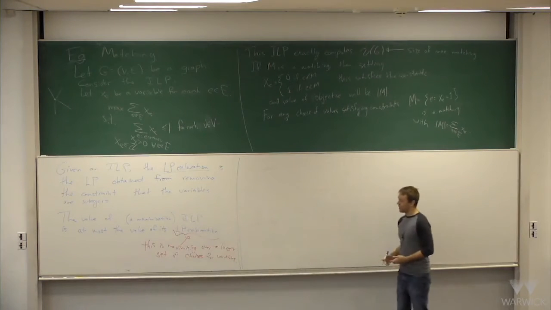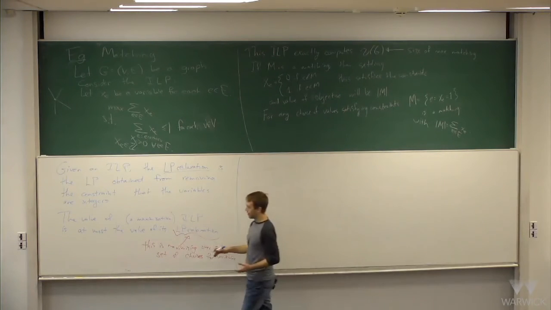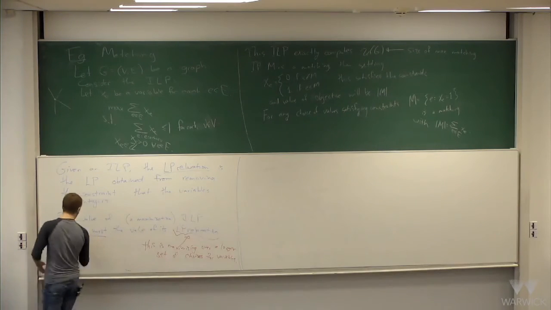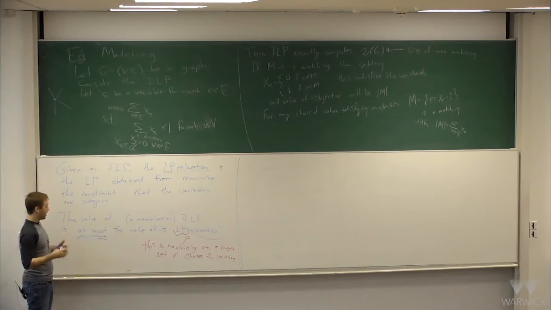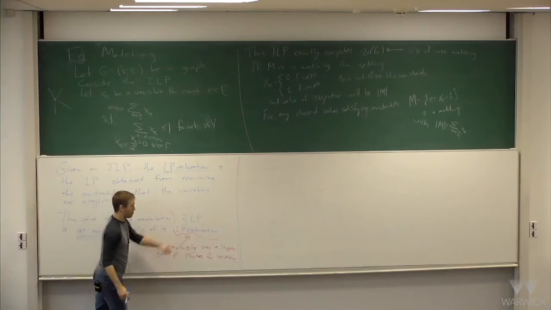One thing is, it would be really great if, since this gives you an inequality in one direction, you knew that your integer linear program had value equal to the LP relaxation, because like I said, linear programs can be solved in polynomial time. So you would just be able to solve your integer linear program in polynomial time.